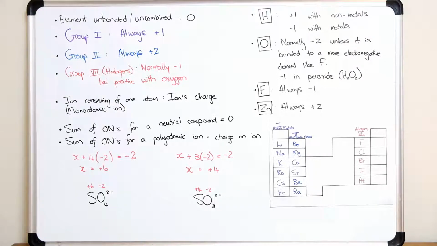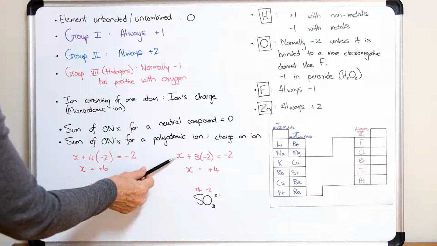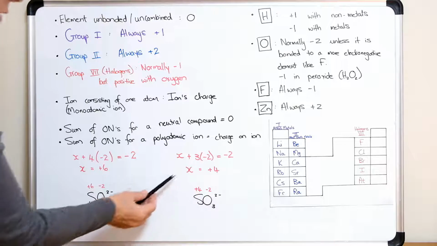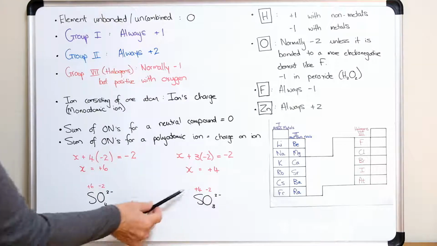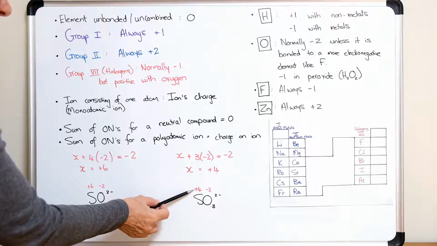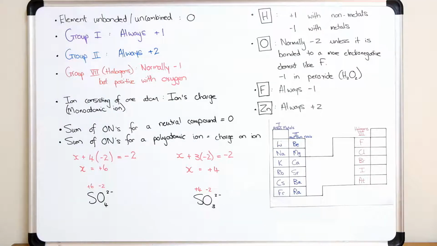The value for X in the sulfite ion is +4 when we solve the equation. X plus -6 must equal -2, so X equals +4. So the oxidation number for sulfur in the sulfite ion is +4. In the sulfate ion, it was +6. Sulfur is one of the elements that can have more than one oxidation number.